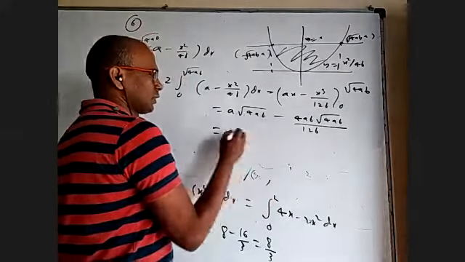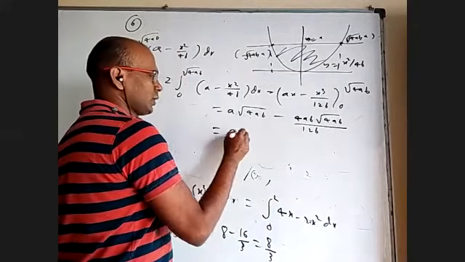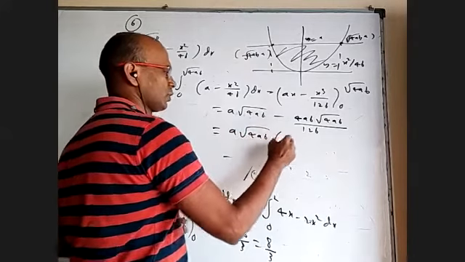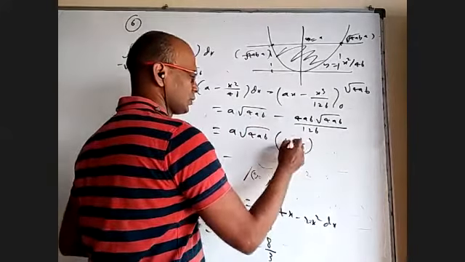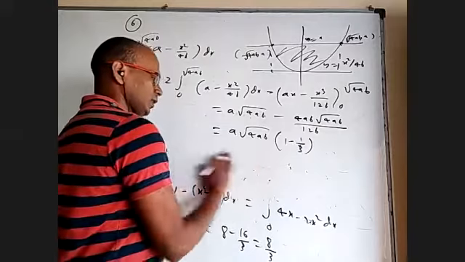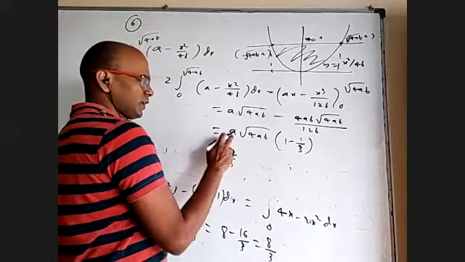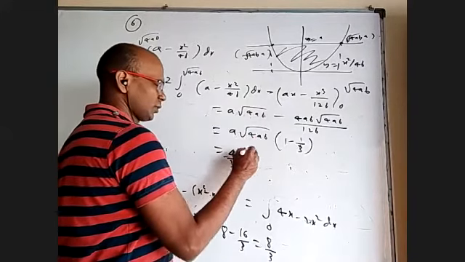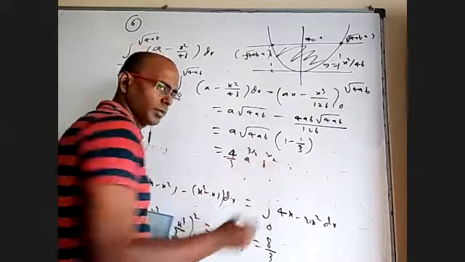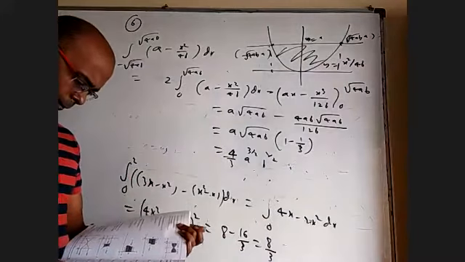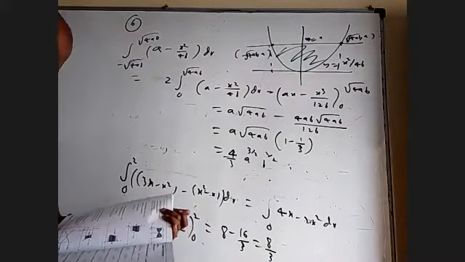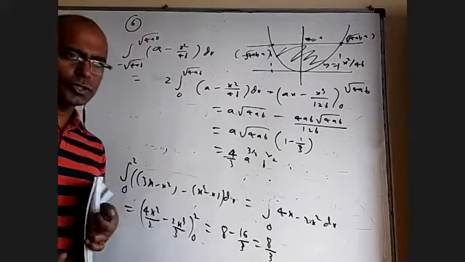A by 3 will come. So a into root 4ab, if we take common, 1 minus 1 by 3 is 2 by 3. So finally it is 2 here, 2 by 3 here, 4 by 3. Here a and here a power 1 by 2, a power 3 by 2 and b power 1 by 2. Is it okay for sixth one?